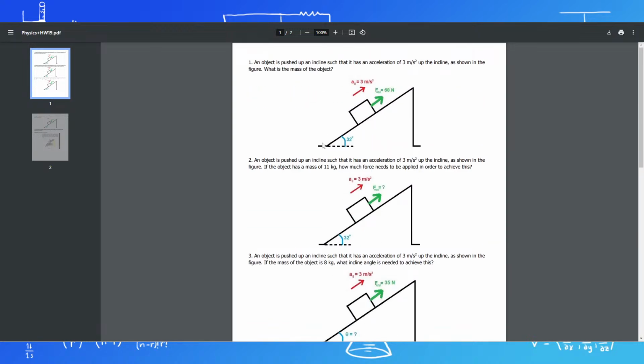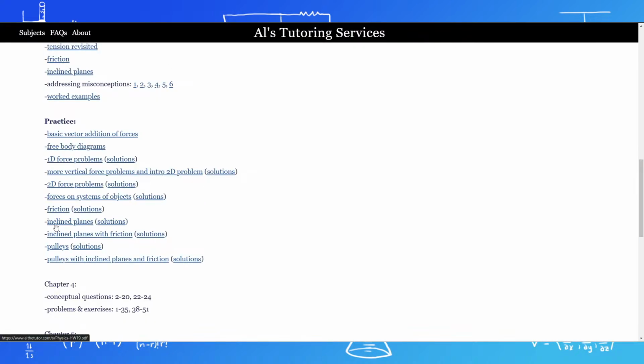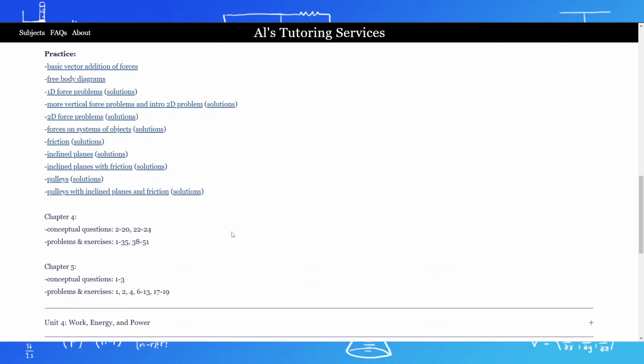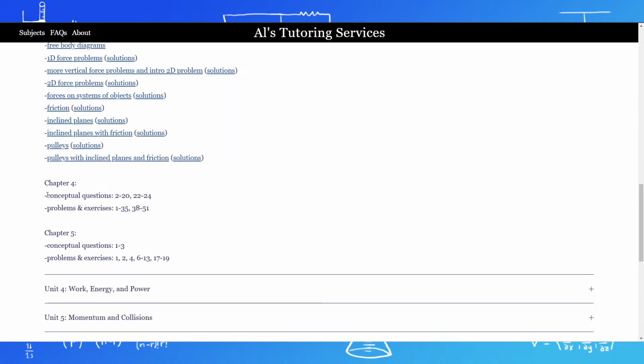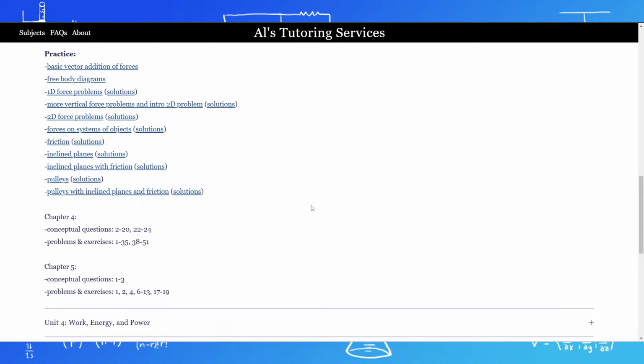This is Homework PDF number 19, which you can access right here in the course plan. And also, I haven't been talking about it a lot lately, but reading and exercises in the book are also something you might want to look at.